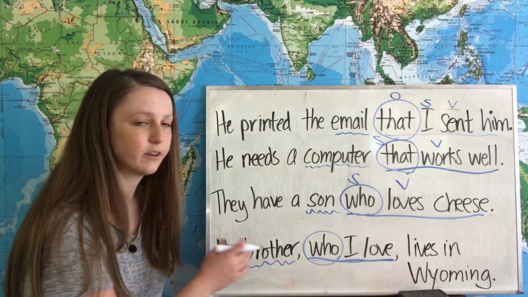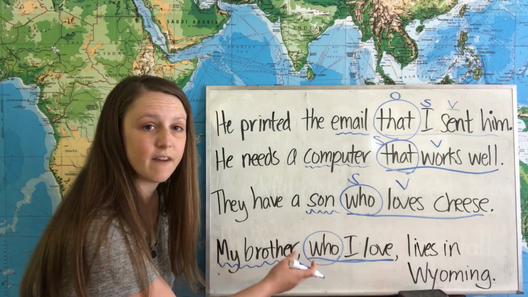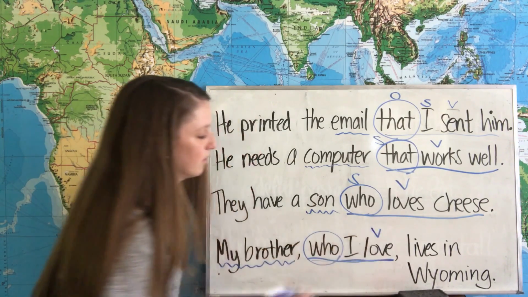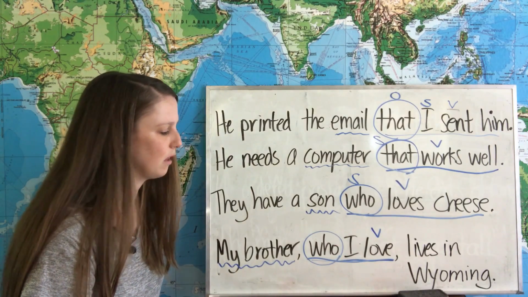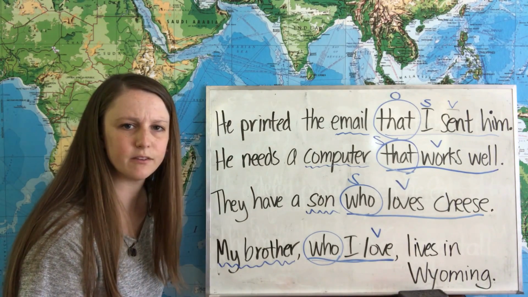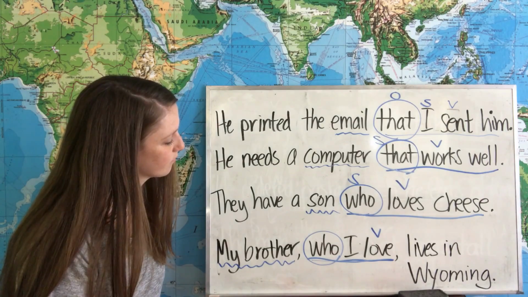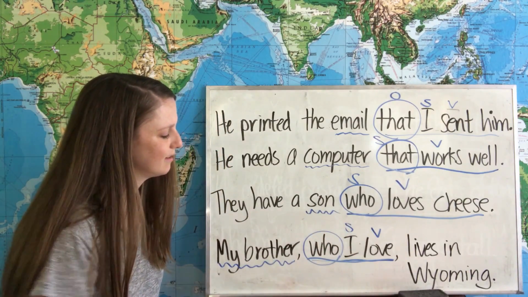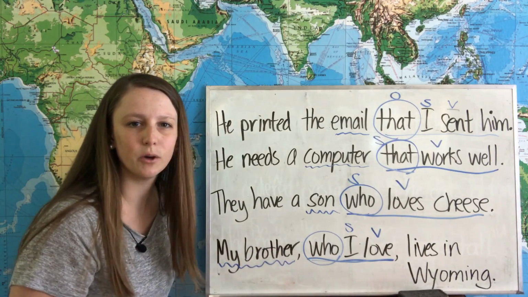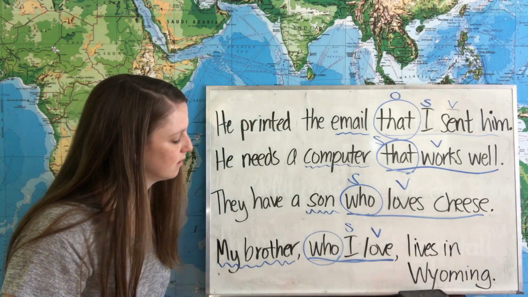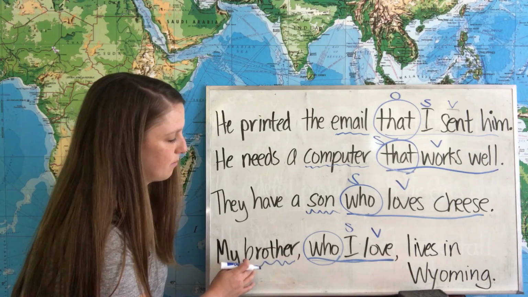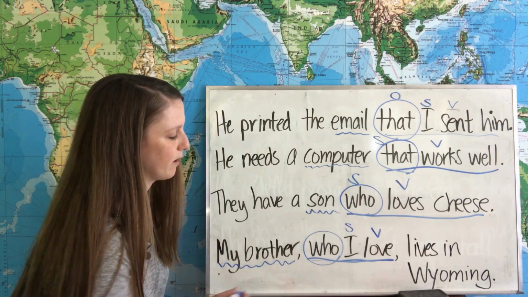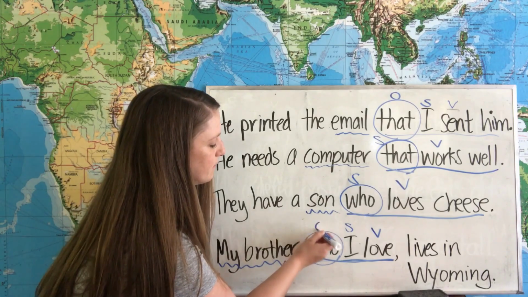So first, let's look at our adjective clause and find the verb, love. And who loves? What's the subject for that verb? The subject is right here. It's I. So what is who? What is the meaning of who in this sentence? It's talking about my brother. My brother, who I love, lives in Wyoming. So this is going to be the object.